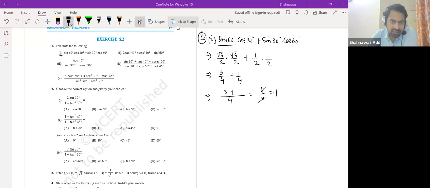You see that this exercise is all about the values of some specific trigonometric functions. It is a pretty easy exercise when you remember all those values, so you'll have to memorize them.